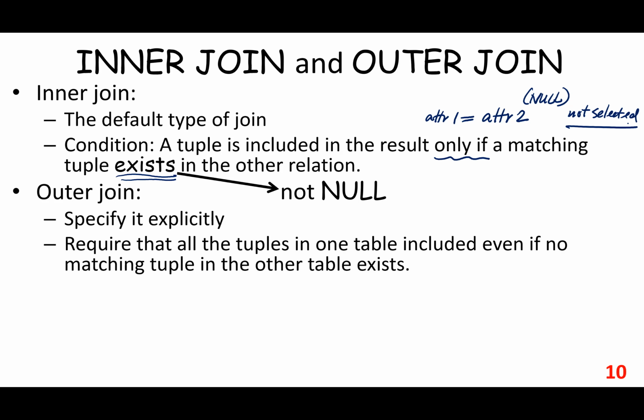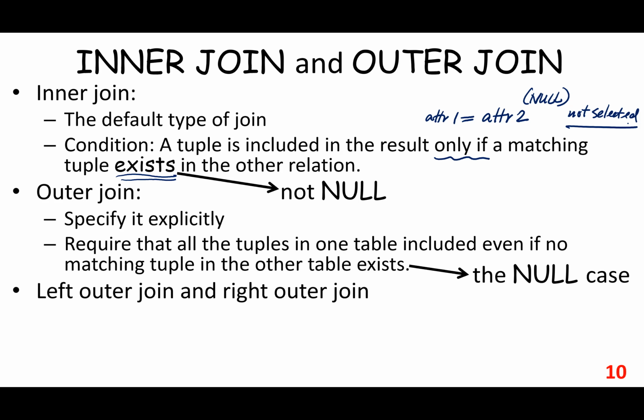Either all tuples in the left table to be selected, or all tuples in the right table to be selected. These two cases. So you have left outer join and right outer join. You have to specify whether you want to do left outer join or right outer join.